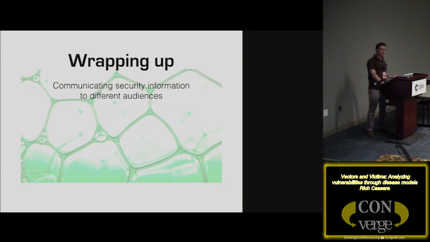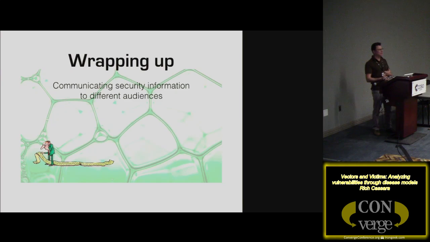Also, the other thing I wanted to say about doing this kind of analysis is that being able to make these metaphors and talk about things in different ways is a really good way to communicate security information to different audiences. So if you're, say, on the red team and you've just done a pen test on a company, if you just hand them a list of vulnerabilities and walk away, they're not going to get a lot out of that.